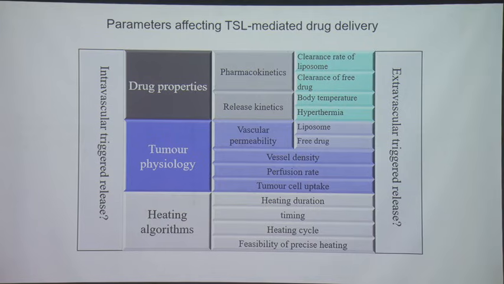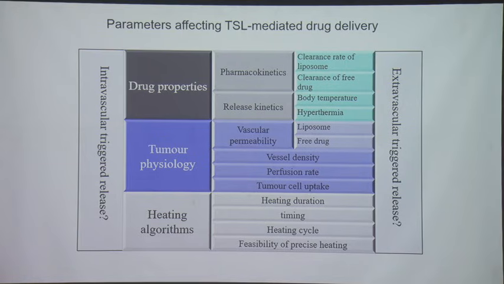These are related to drug properties, and there are other parameters related to the drug, including the clearance rate of the liposomes, clearance of the free drug, and body temperature. And in this case, because we're talking about thermosensitive liposomes, the release of the drug is triggered by local heating, so it requires mild hyperthermia. So the hyperthermia temperature is also necessary.